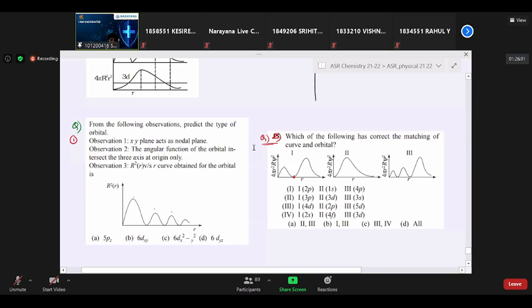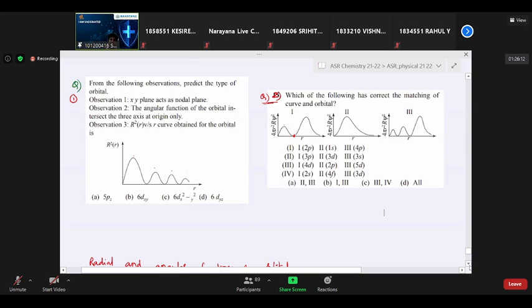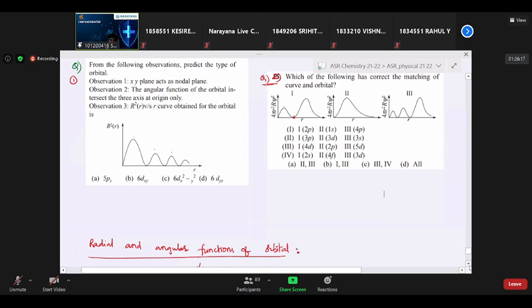Now I'm going for radial and angular parts: psi can be represented as a product of two functions. One is the radial part, the other is the angular part. So that representation I'm giving. See carefully.